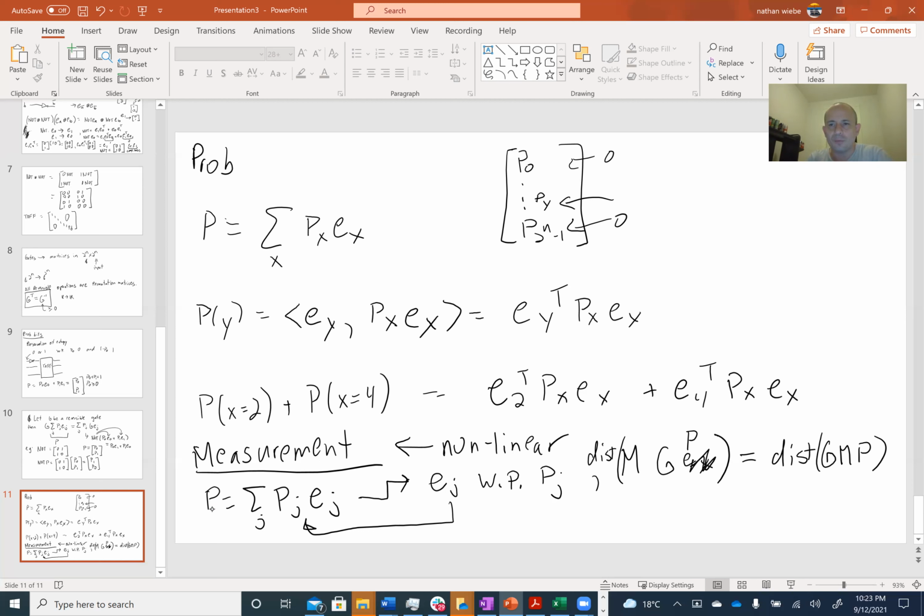The probability distribution that I get from inverting it after I measure it is exactly the same distribution as I would get the other way around. So that's one of the properties about it.